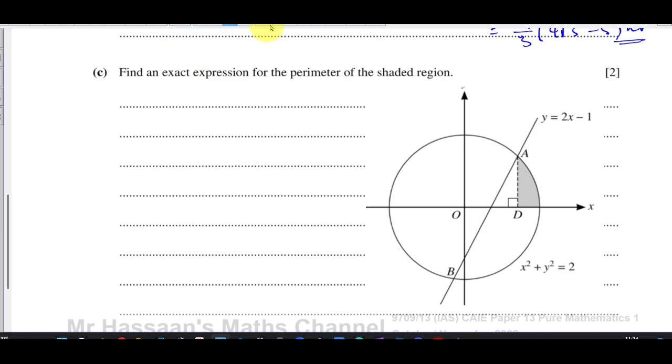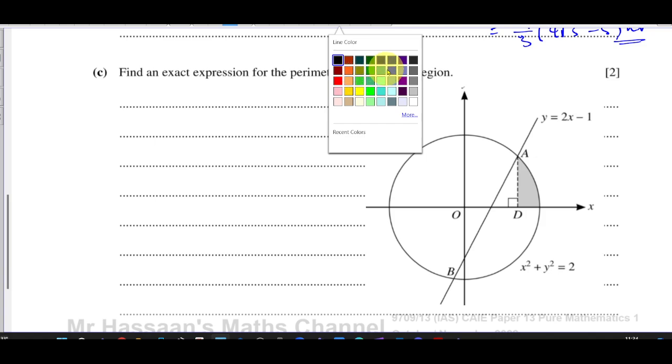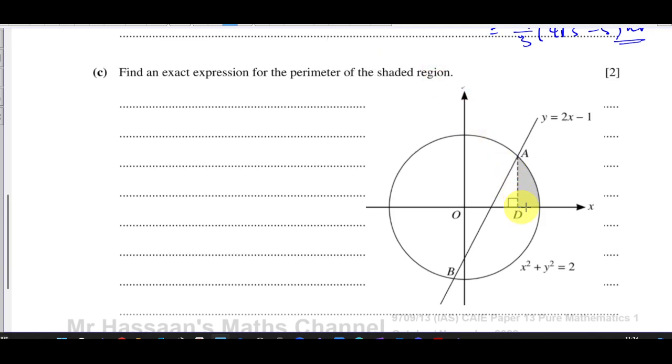Now, the perimeter of the shaded region is made up of the following lines. Change the color so we can see it. You've got this line over here, and you've got this line over here. Okay, those are 2 of the lines.